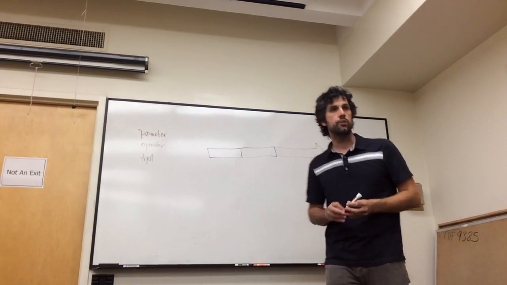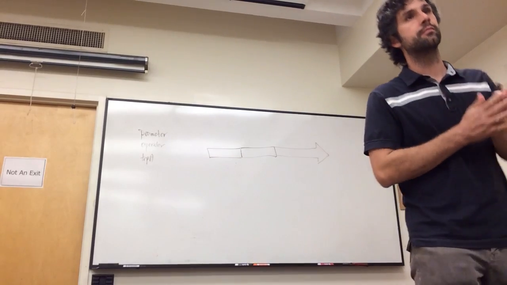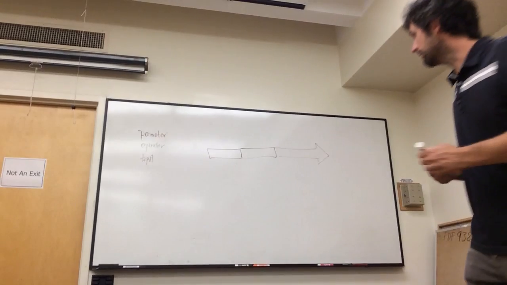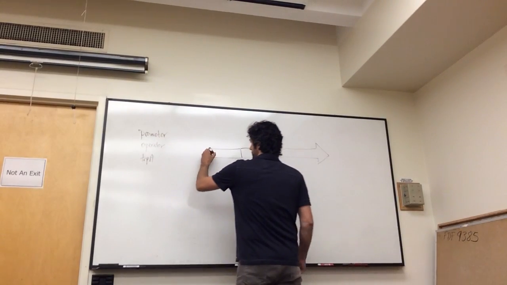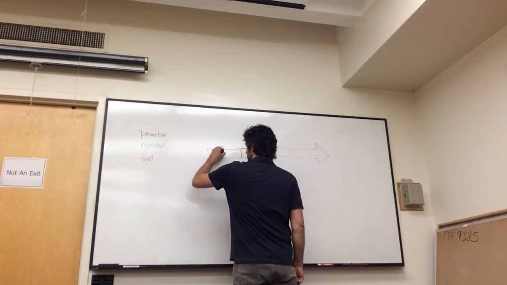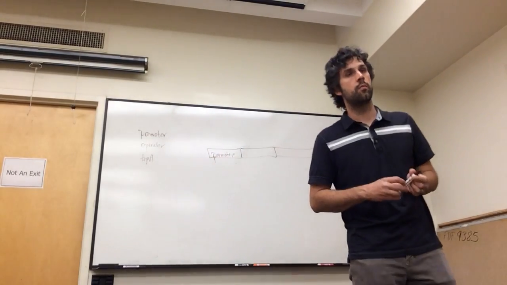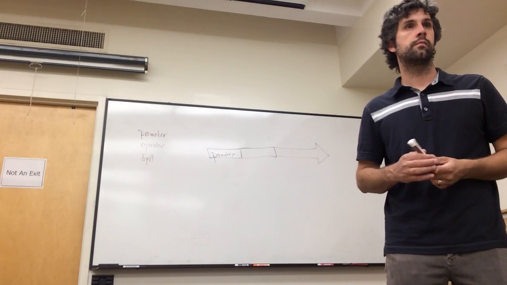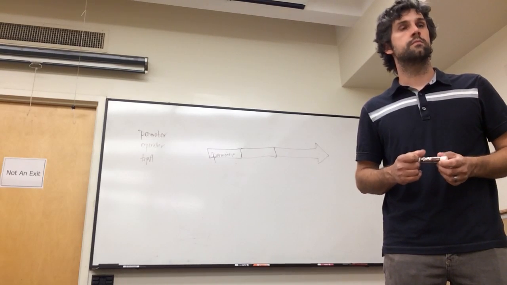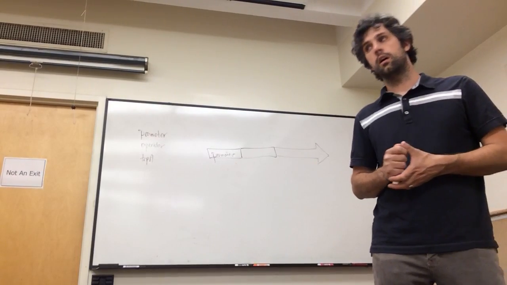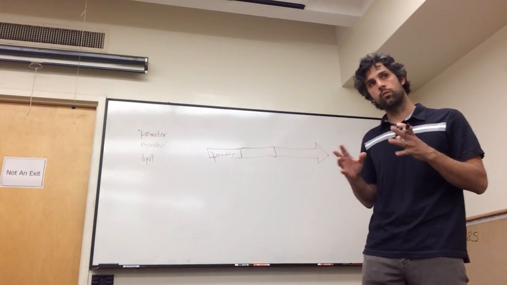So where do you want your promoter to be? The very first one. Okay, good. And what's going to happen in the promoter? What is that region good for? Starting the transcription, but it's not actually going to be transcribed. So the promoter itself won't be transcribed.